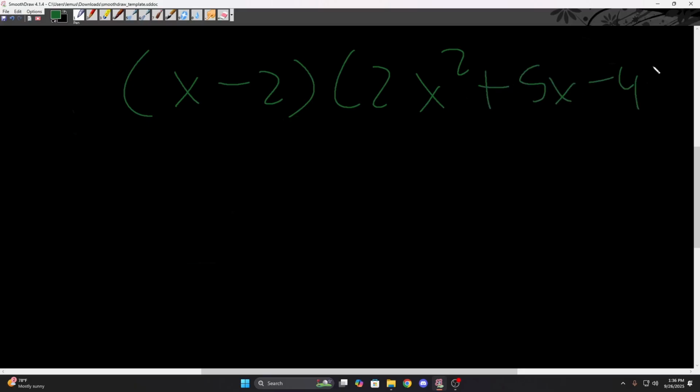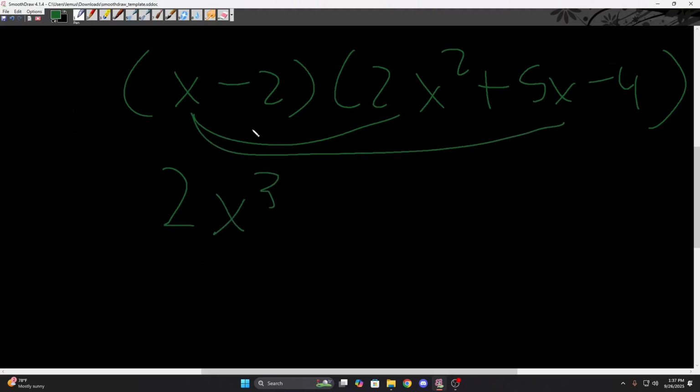Okay, so the last question is x minus 2 times 2x squared plus 5x minus 4. Basically, you're doing the same thing. So it's x times 2x squared. That's 2x cubed. And then you do that.